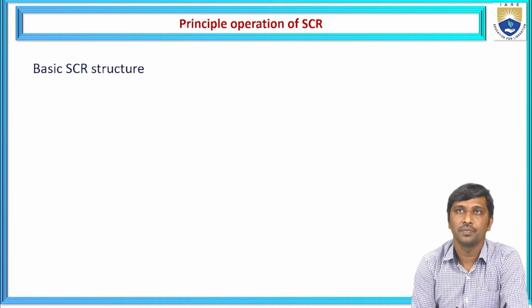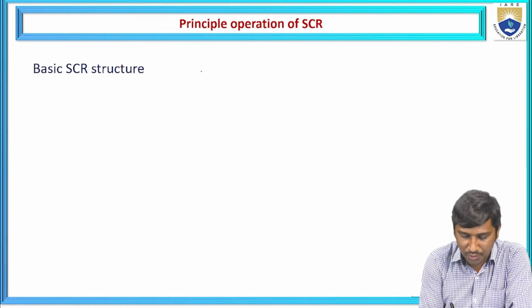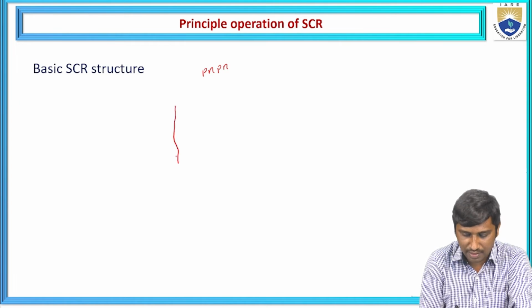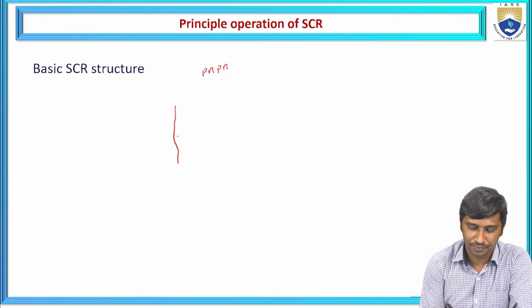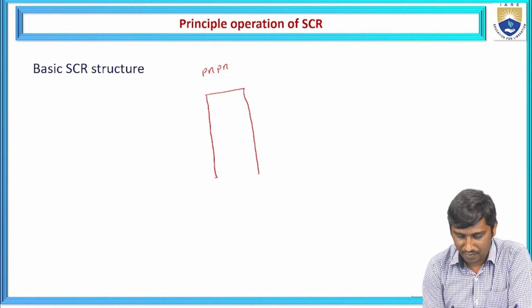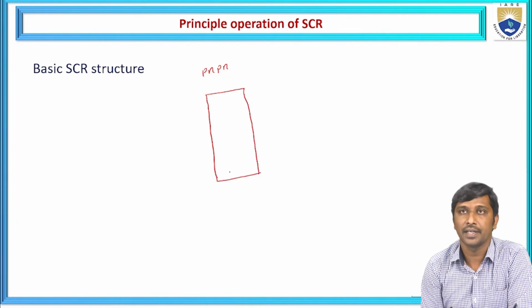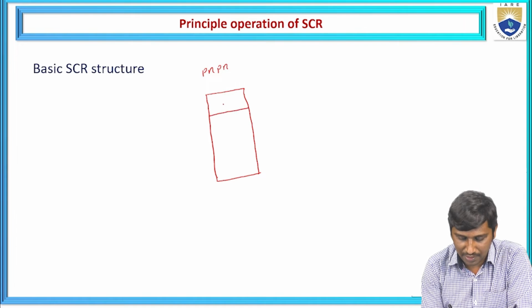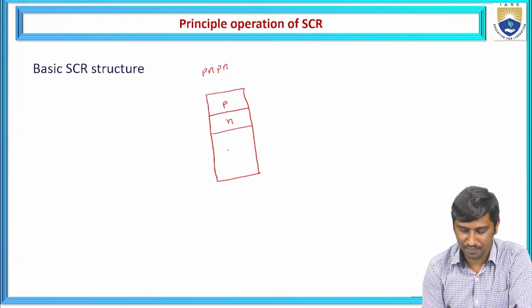Now we are going to identify the structure. If I use this PNPN structure, let us consider a piece of semiconductor. Here we are connecting 4 different materials. This is a P-type material, and this is N-type material.